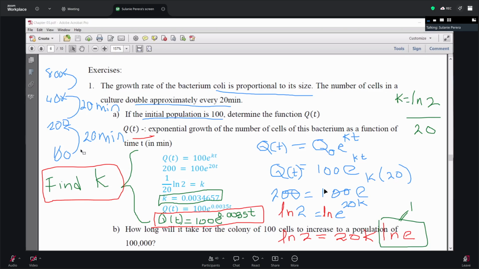So again, what did we do here? We found k and we wrote an equation for Qt. Qt is Q naught e to the kt. Now the next question is, how long will it take for the population to reach 100,000? How can we do that?